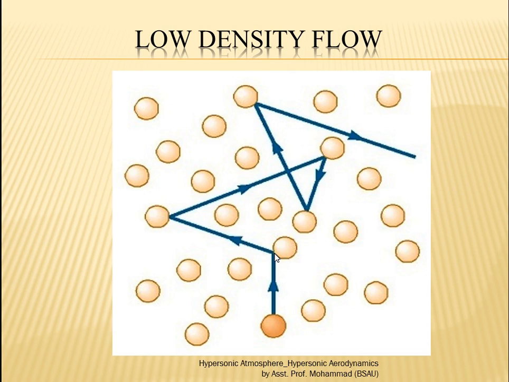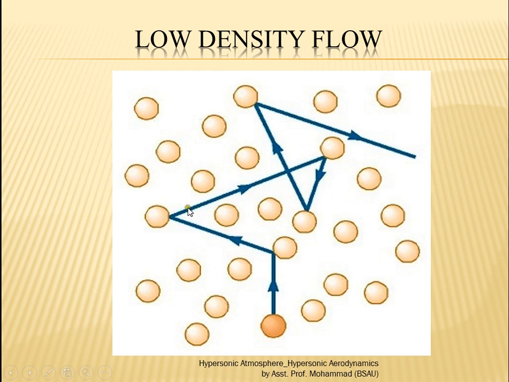Now when these molecules travel and collide, the distance they travel between two collisions is not always the same. Suppose it collided here, and from this collision to the next collision it travels this much distance, and in the next collision it may travel a little longer, and then in the next a little shorter distance.